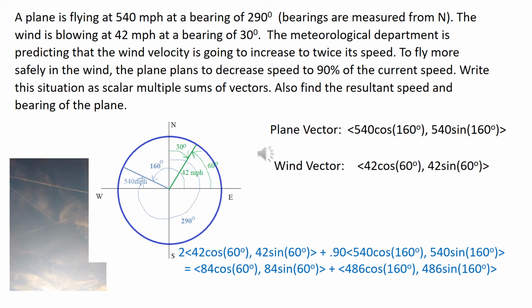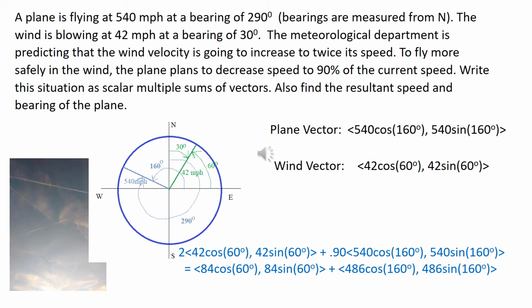Now, the meteorological department is predicting that the wind speed is going to increase to twice its speed. So 2 times the wind vector would be 84 times cosine of 60 for x, and then 84 times sine of 60 for y. The plane is going to fly more safely by decreasing its speed to 90% of the current speed.